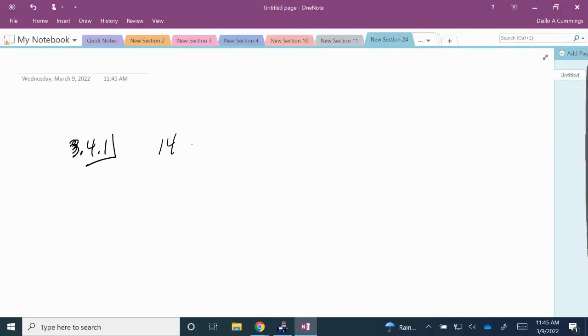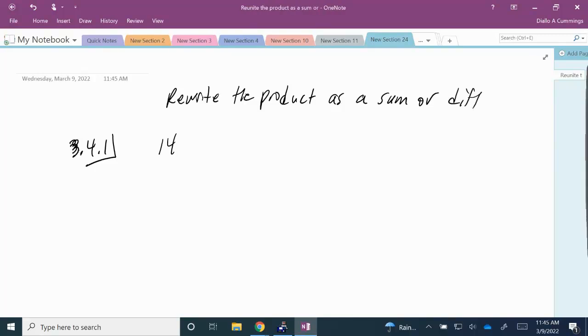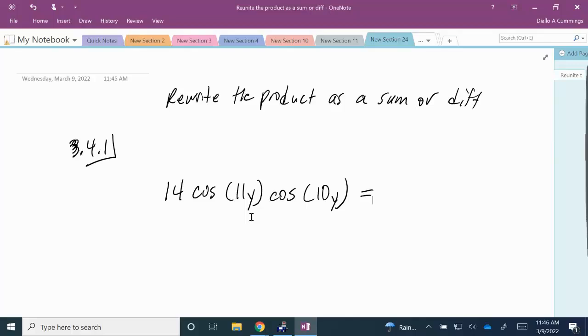The directions tell us to rewrite the product as a sum or difference. And we have 14 times the cosine of 11y times the cosine of 10y.